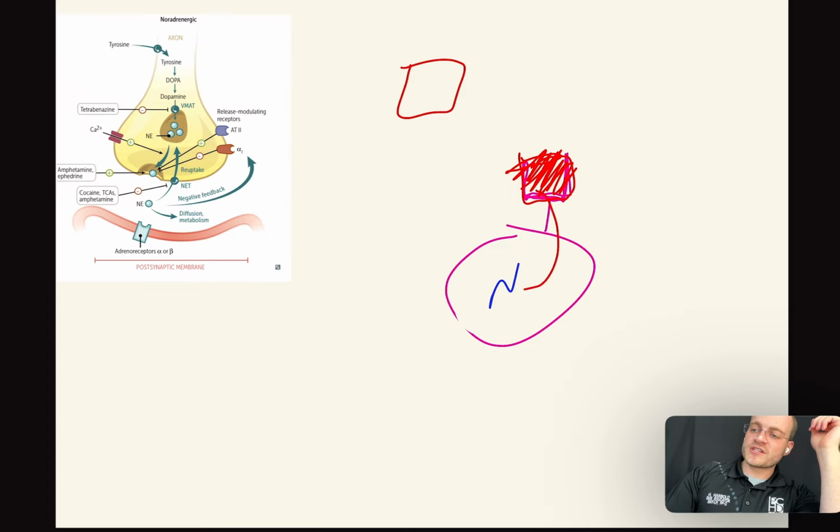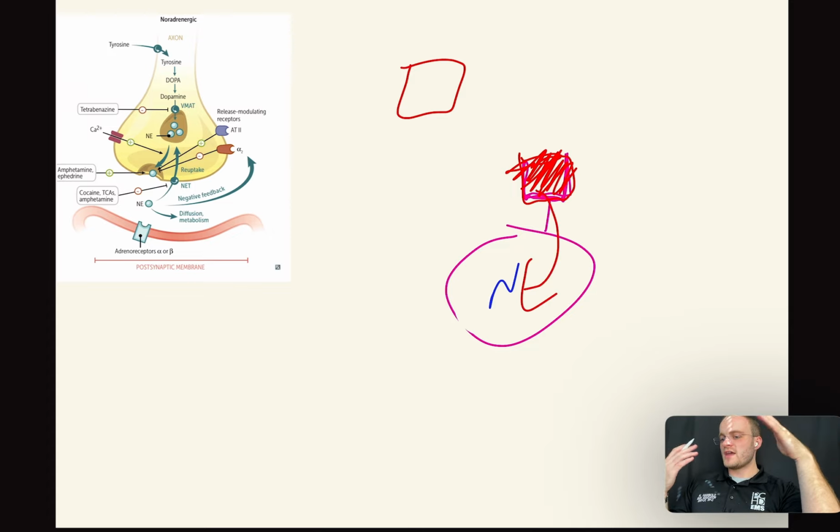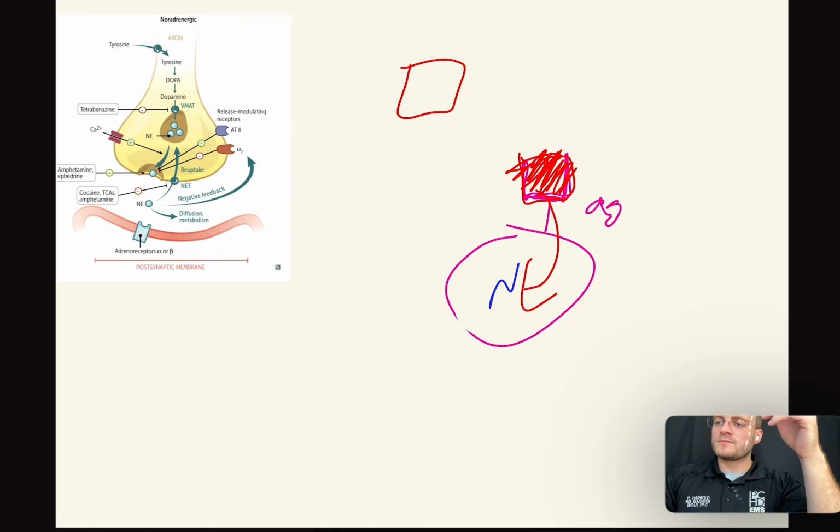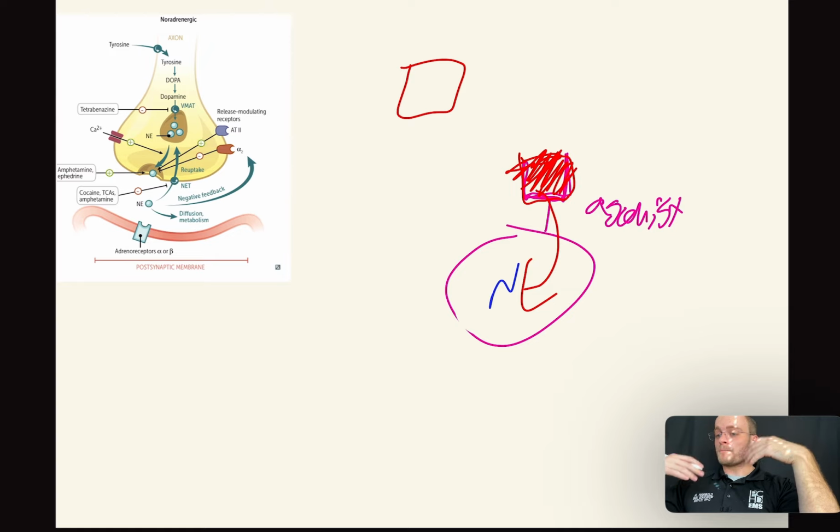What happens is it'll send a signal down into the cell to say, hey, do work. Okay? And so in pharmacology, this action I just described is called an agonist. So an agonist binds to a receptor and tells the cell, hey, cell, do work. And so that's one way to think about it.